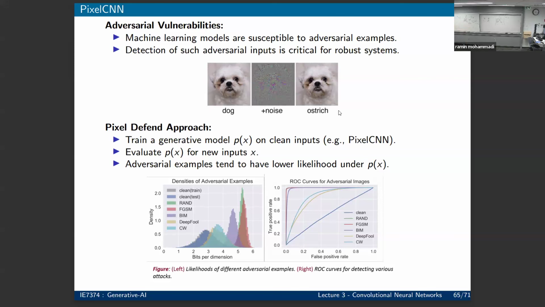For certain types of adversarial attacks, like DeepFool or DIM, compared to the clean images, the adversarial ones are much easier to detect, because their distribution looks different from the original distribution that the model learned. So the first one was Pixel CNN, and this was PixelDefend.